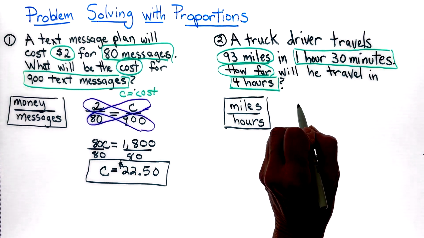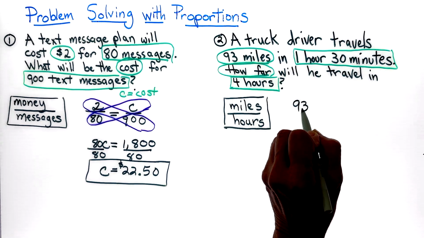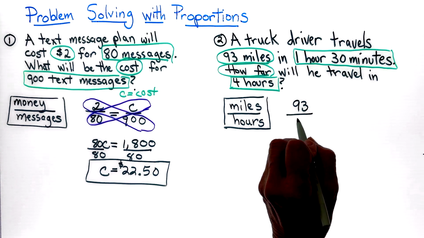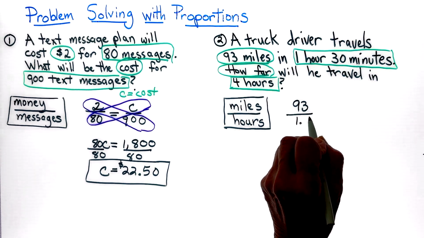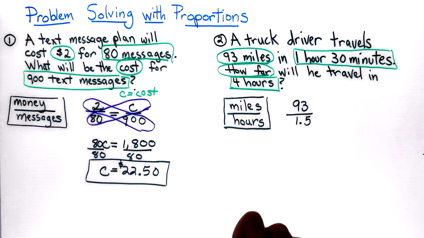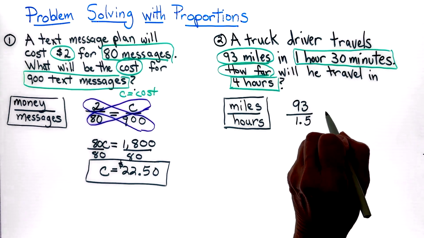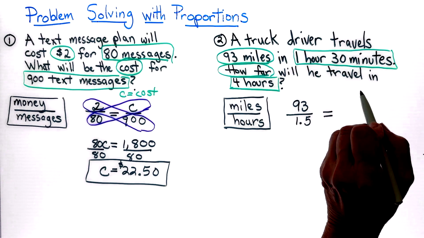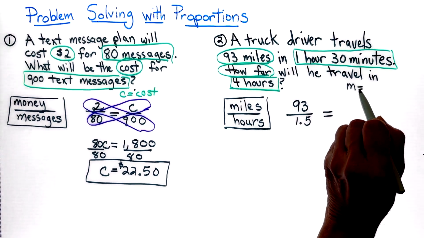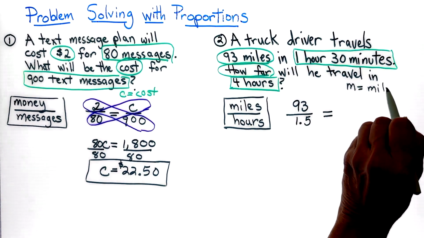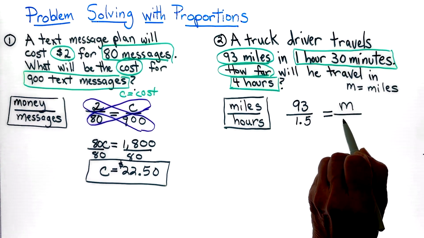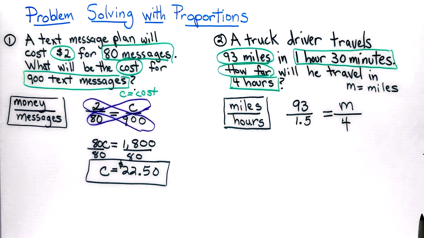So I'm going to write 93 over, and 30 minutes is a half of an hour, so I'm going to make it as a decimal, 1 5/10, or 1.5. And that's going to be equal to, and we said how far, so let's use M for our variable. It's miles over 4 hours.